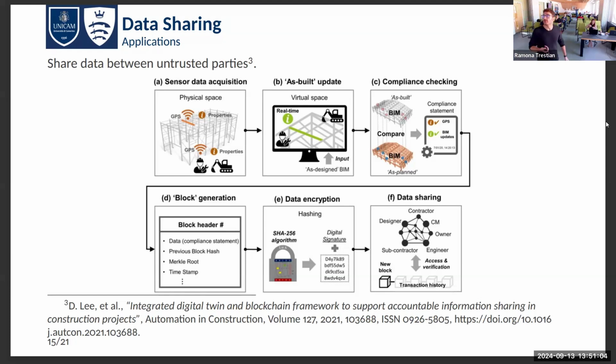And clearly there are different actors in the construction sector. The idea is to track the phases of the project, maybe also during one day, or weekly or monthly.